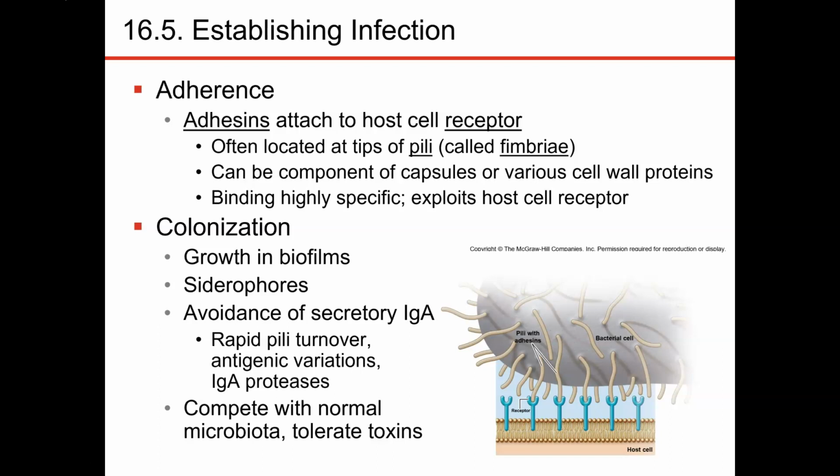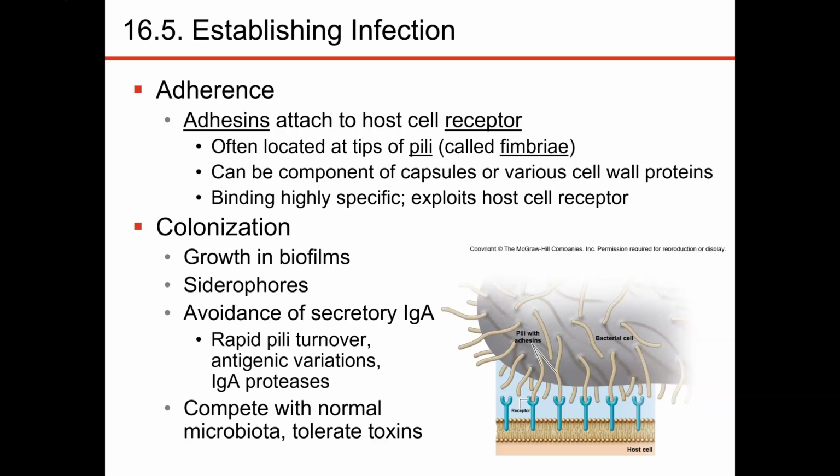And so sometimes they'll grow in what is called a biofilm, which we've talked about in the past. Biofilms occur when one microbe binds to a surface and starts replicating, and then other microbes bind to that original group of microbes.